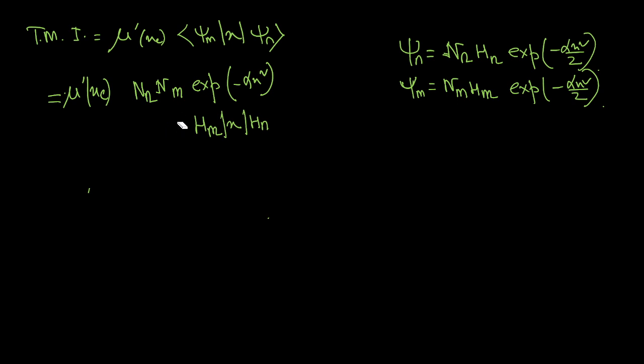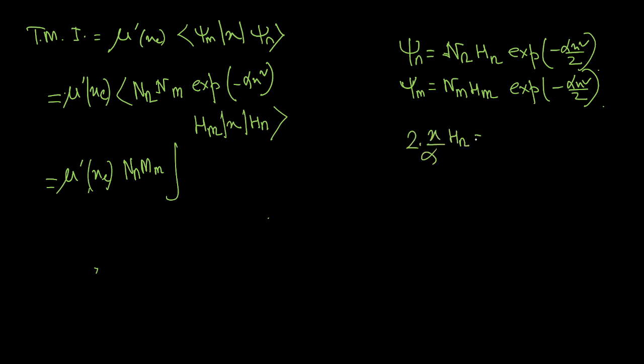Now we know that 2x alpha H n gives H n plus 1 and 2n H n minus 1.